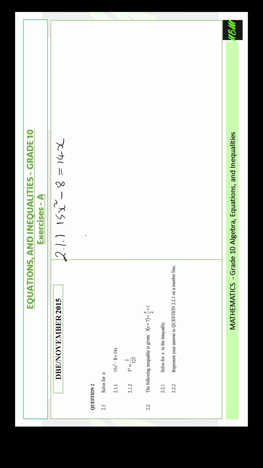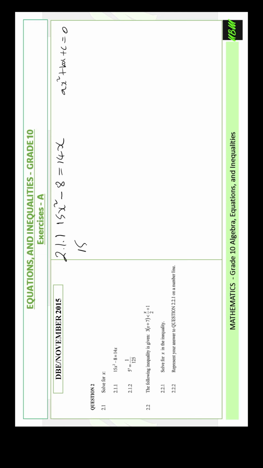So the first step before solving, let us put it in standard form. Standard form is the form ax squared plus bx plus c equals 0. So we are going to transpose the equation by taking this 14x to the left hand side, meaning we are subtracting 14x on both sides, but normally we would say we take 14x to the left hand side by transposing.